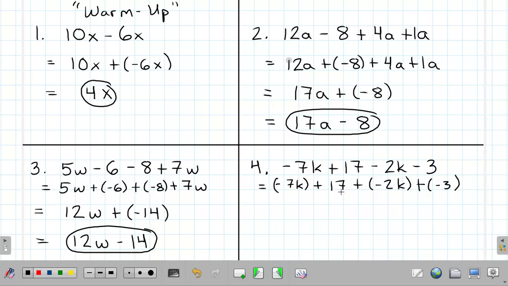So then we just add the variable terms together. Negative 7 plus negative 2 is negative 9. The k has to go with it. Plus 17 plus negative 3 is 14. Okay. And then once again from there, that's actually as far as we can do it. So we don't have to worry about any negatives over here. So it's just negative 9k plus 14.